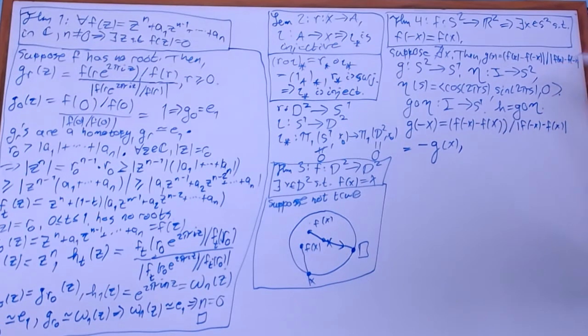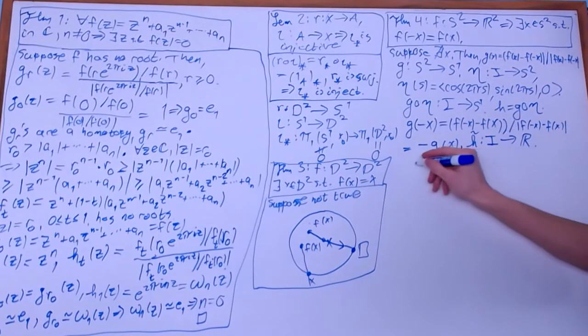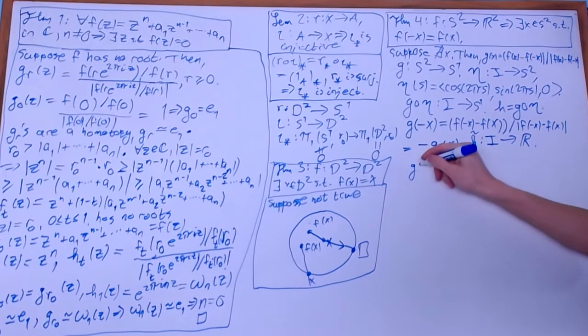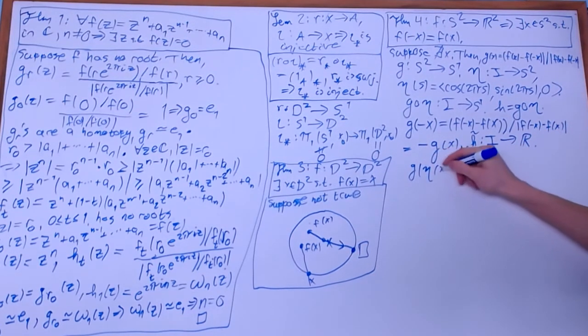What I want to do is transfer this property of g into h tilde, the lifting of h, which will be a map from I into R. How on earth do I lift this property? Well, first I have to do it for h. Let's think about this. We're doing g of eta of x.